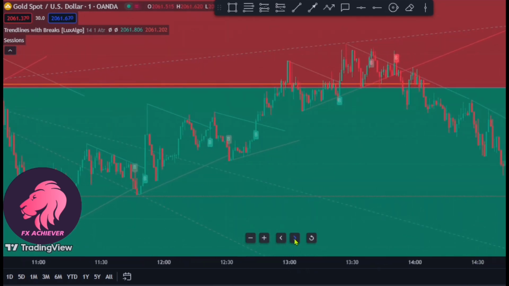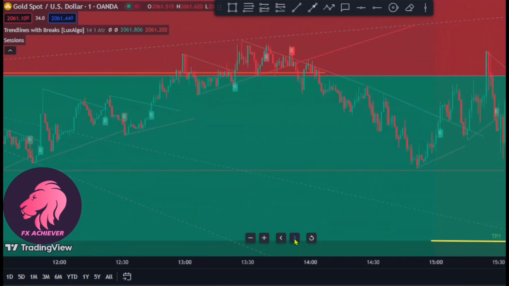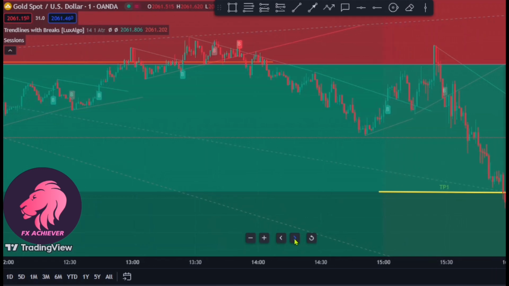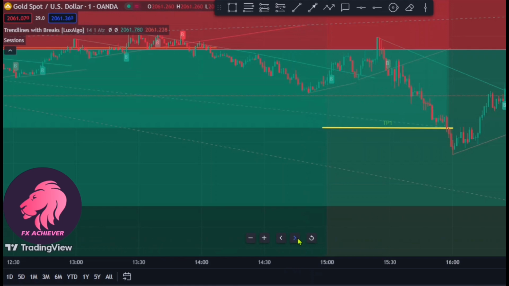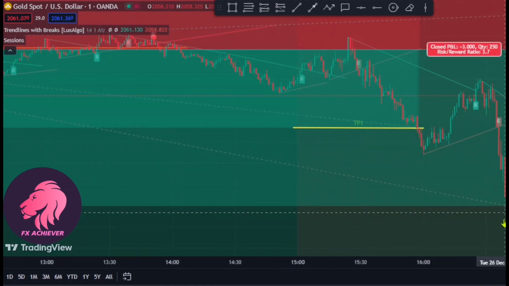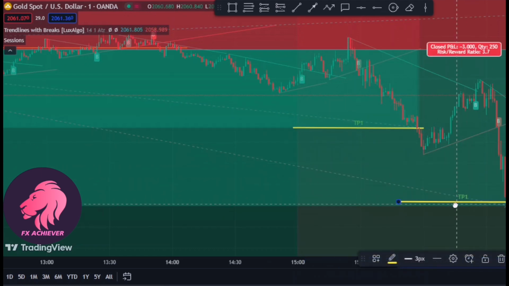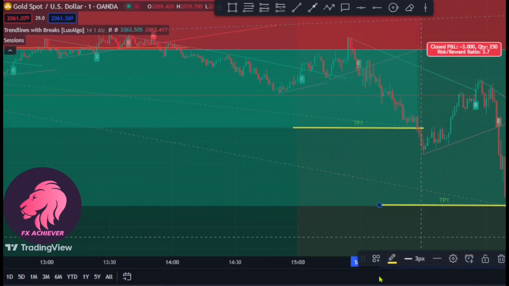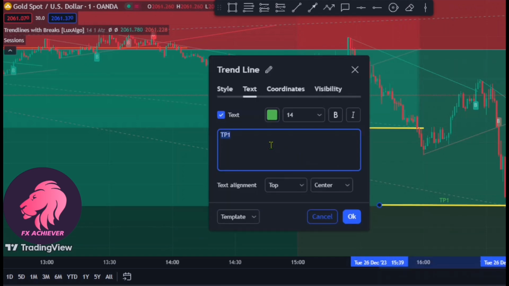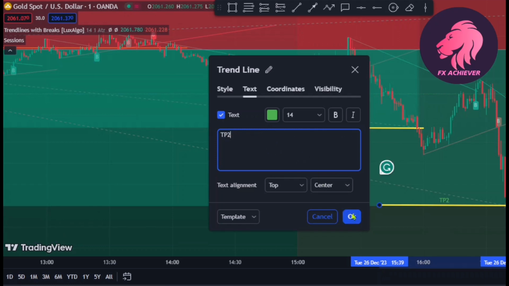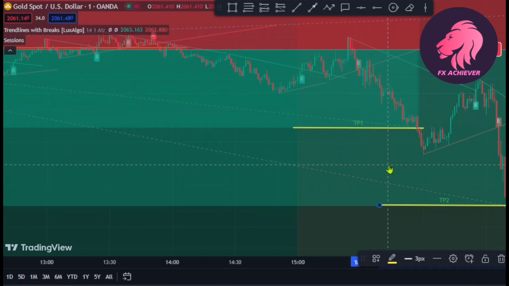Scrolling further, I use this strategy only for gold. I don't trade other pairs. As you can see here, this was TP2, and TP2 was hit successfully. Let me just rename this one here.